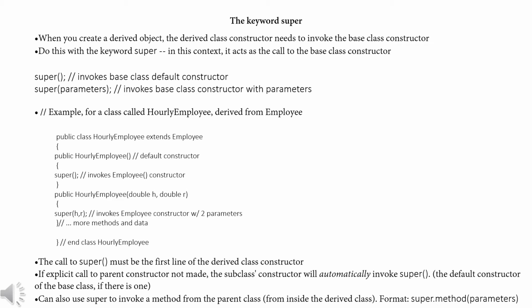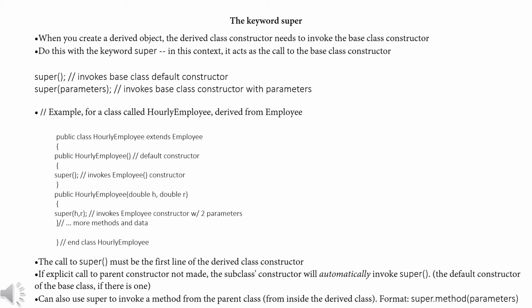As you see here, we have super and then opening and closing parentheses, and inside the parentheses we have no parameter. Or we can have some parameters and we will put them inside the parentheses.